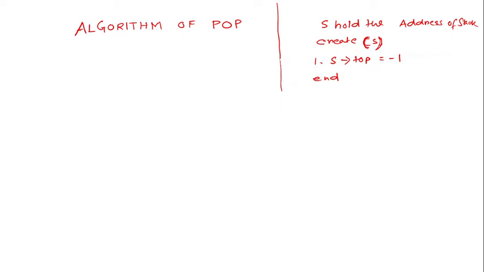So now if I want to do the pop operation, then I need to check what is the value of top, whether the stack is empty or not. Again just write down here, S holds the address of stack.